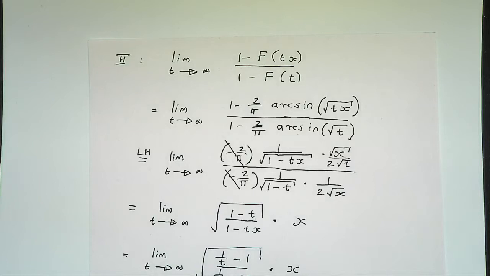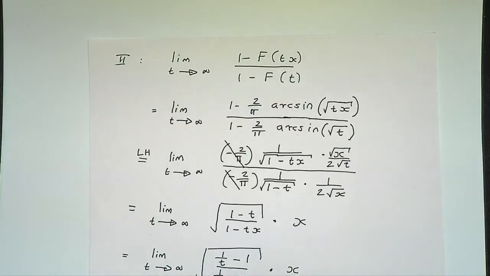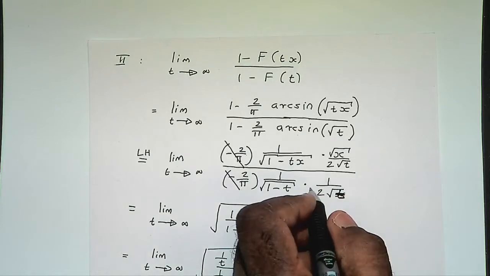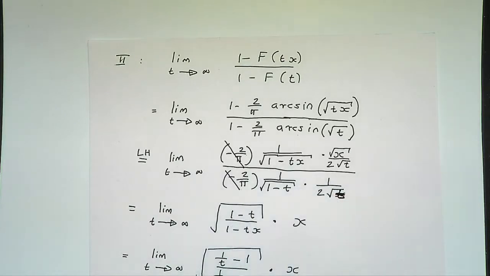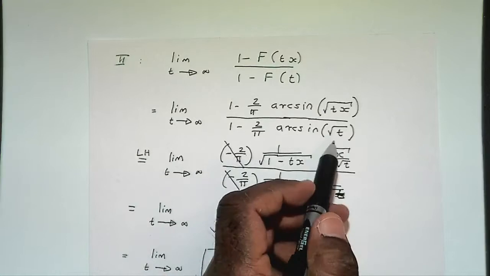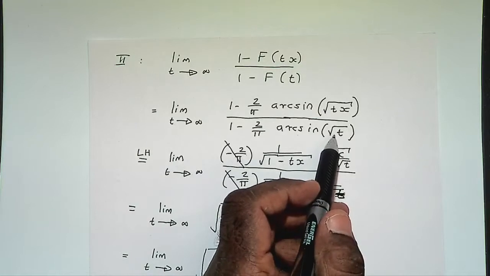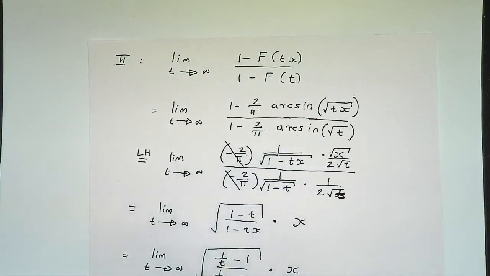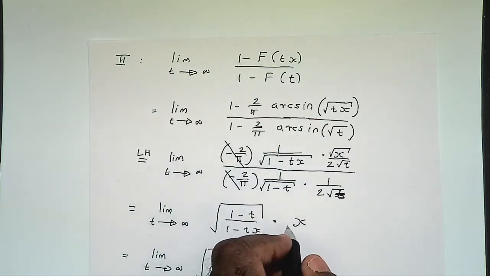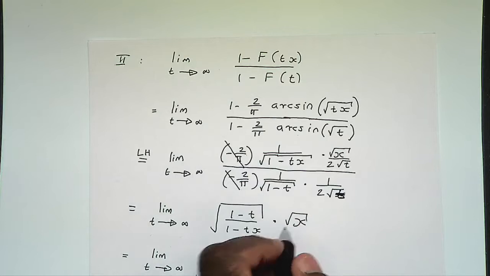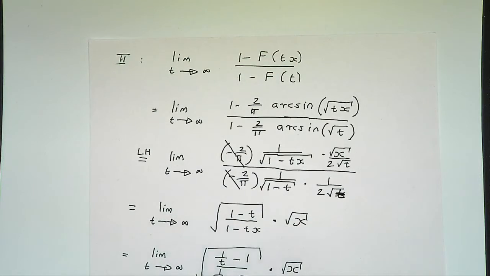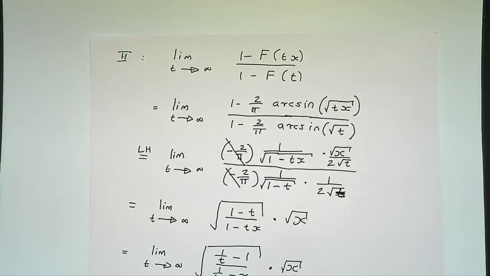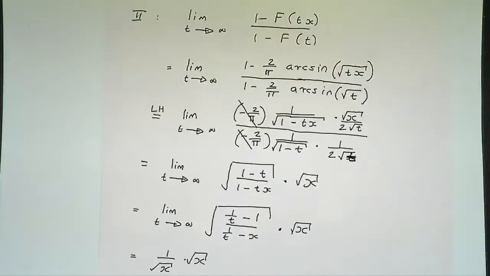Can you check this? So this should be t again. You should differentiate this. Yeah, you get this. So this becomes root of x, this becomes root of x, this becomes root of x, which is 1. Correct me if I'm wrong again.